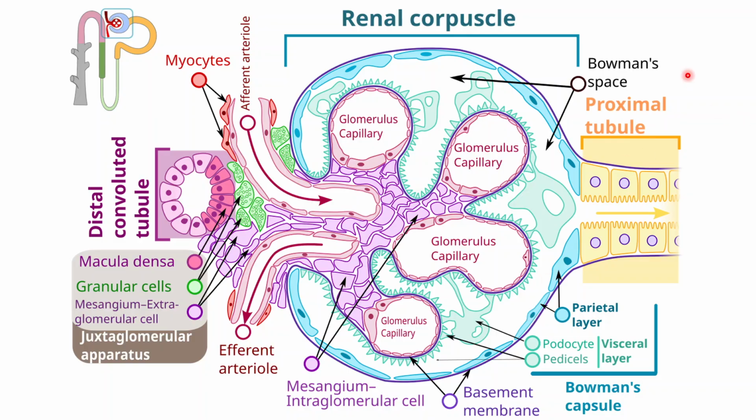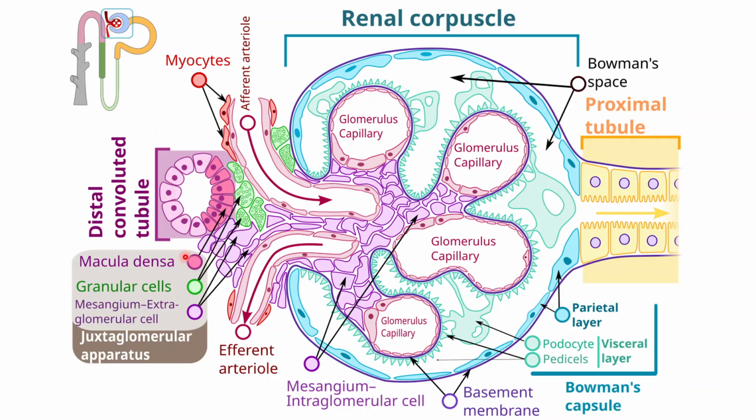And then there are some other things. One of the main important things here is this juxtaglomerular apparatus, right? The JGA. That is like the pressure sensing device of the kidney. It's very important for deciding whether it's going to increase blood pressure, increase filtration. Remember that there are renin secreting cells there.